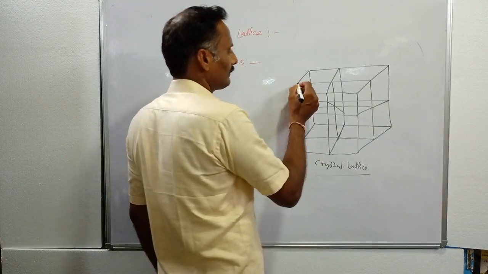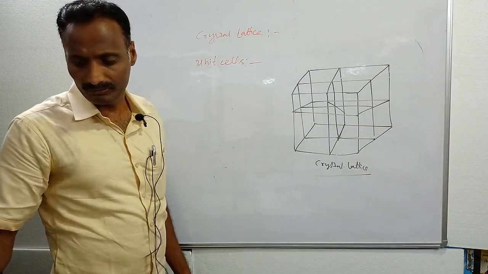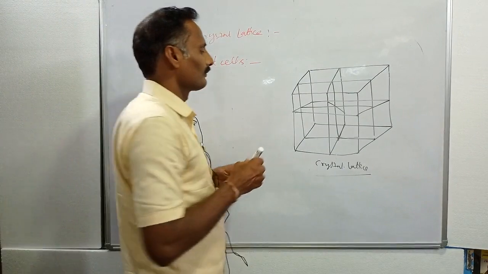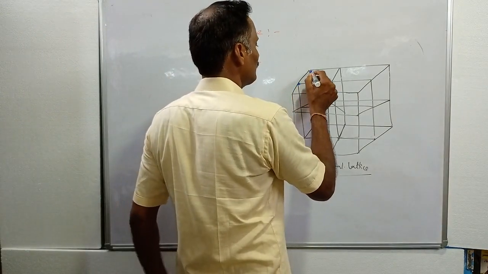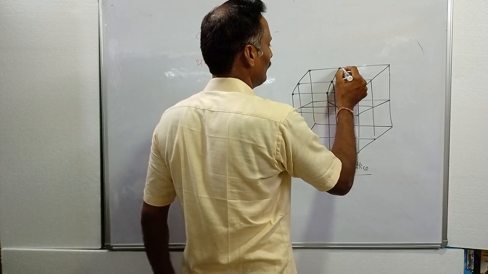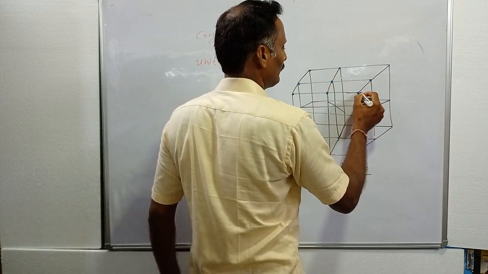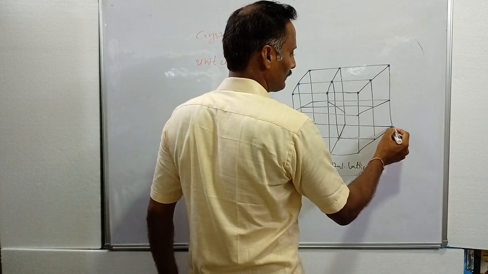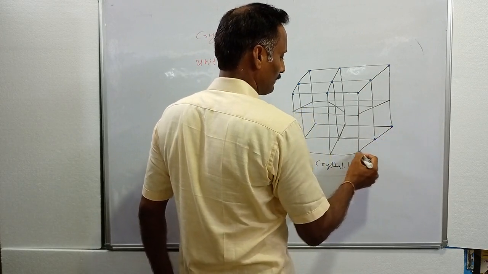And these are called lattice points. Here I am showing the lattice points. Lattice points are occupied by constituent particles.